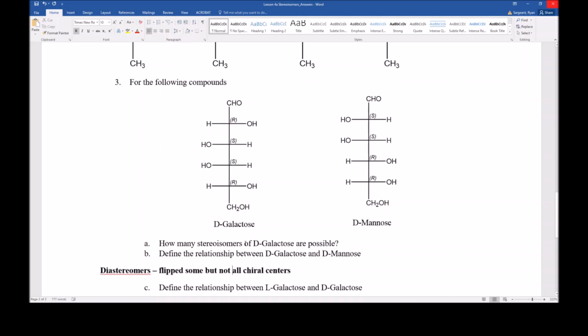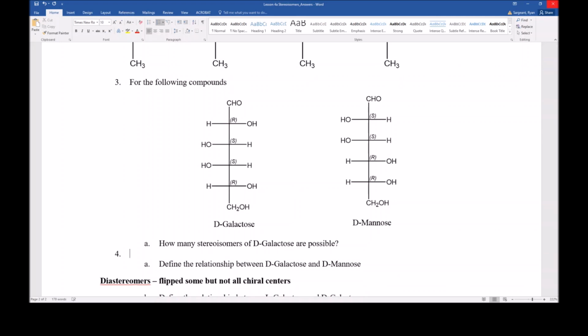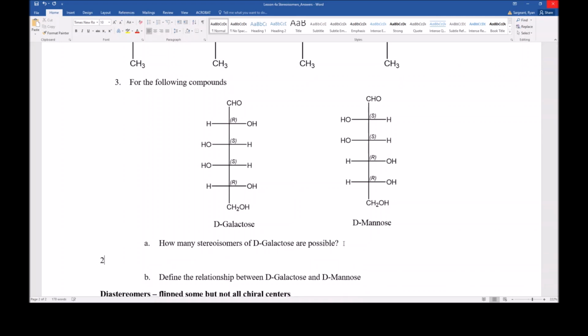All right. How many stereoisomers of D-galactose are possible? Well, at least two. There's D-galactose itself and D-mannose. Right? They're both shown here. But going back to that equation I showed you earlier, we take 2 and raise it to the power of n, where n is equal to the number of chiral centers.